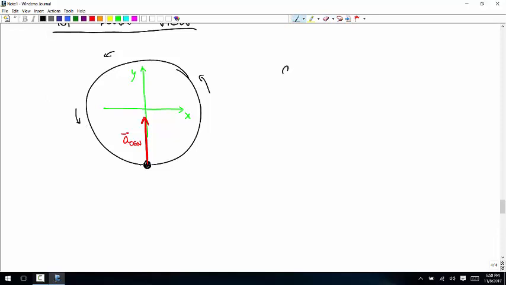And the magnitude of that is the speed squared over r. We're given both of those again. So that's 6 squared divided by 0.25. So 36 times 4 is 144.